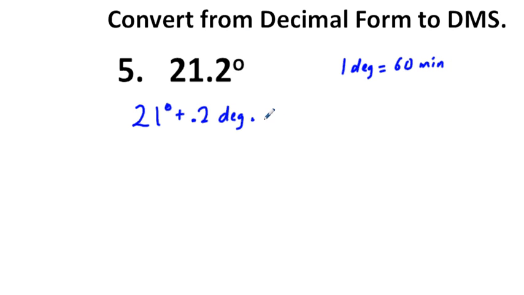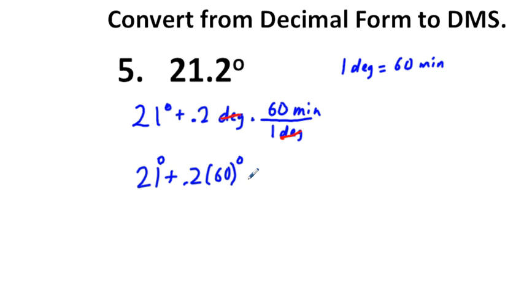When we multiply this 0.2 out, to cancel degrees we have to put degrees in the denominator to offset this degree up here, and we put 60 minutes on top. Then we have a cancellation of degree over degree, so our answer is going to be 21 degrees plus 0.2 times 60 minutes.